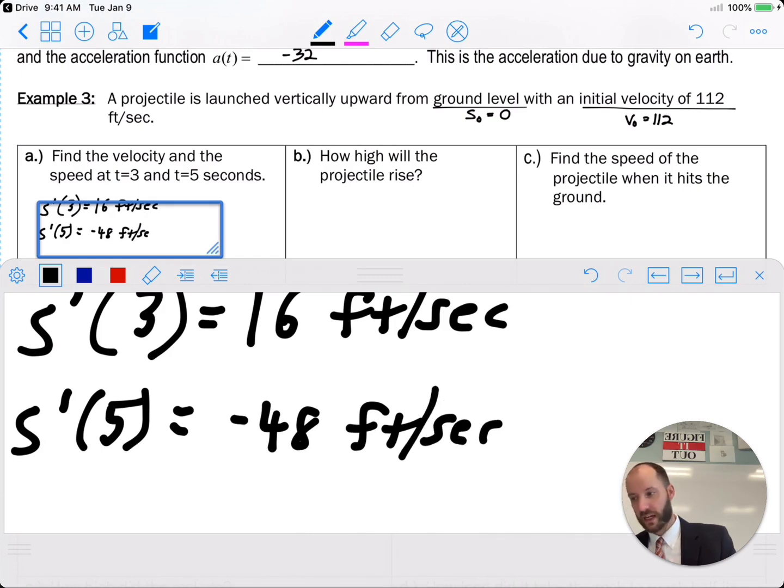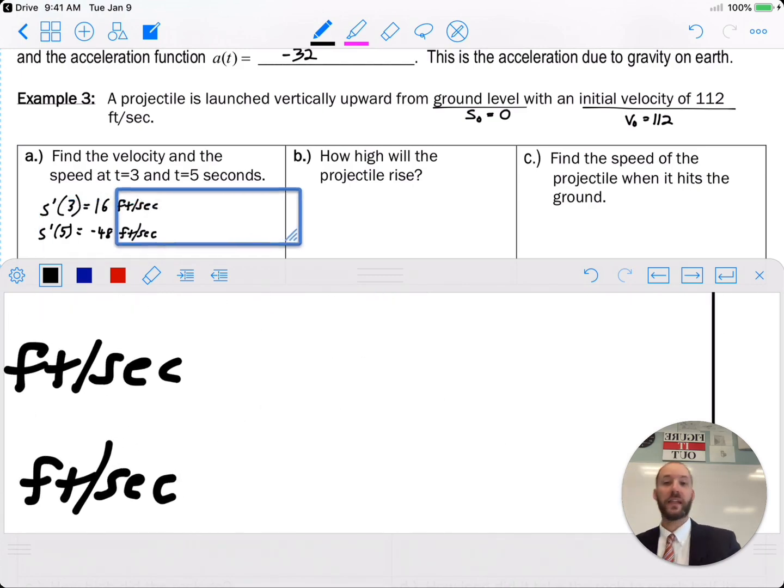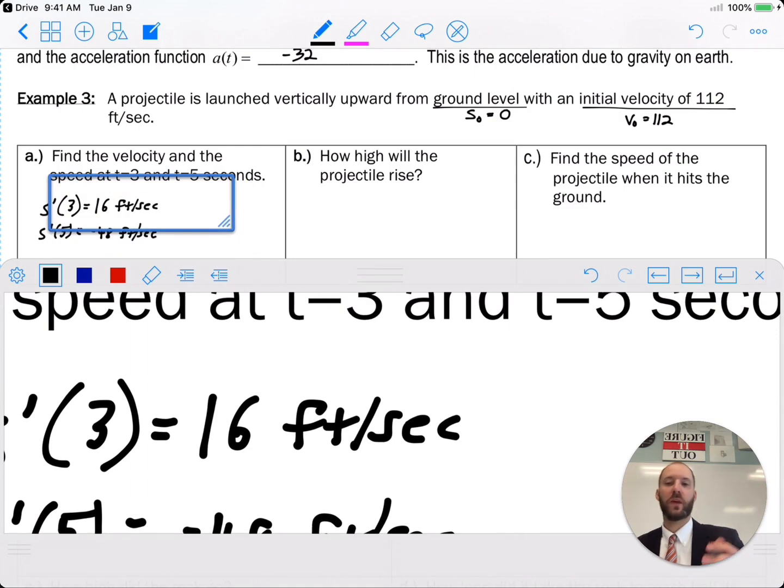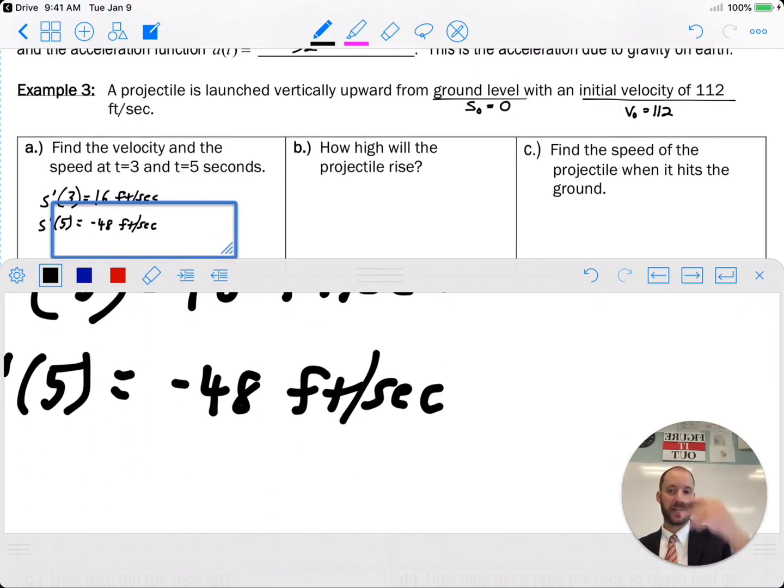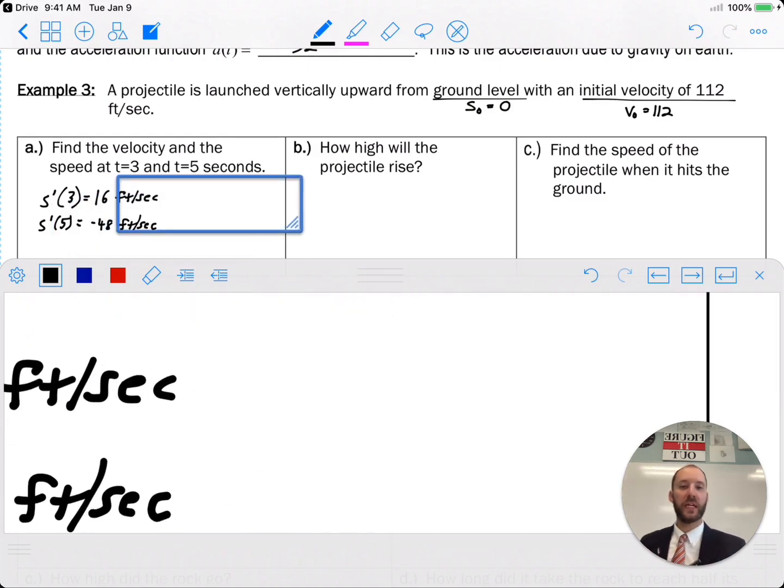feet per second. And then finding your speed, remember, velocity has direction. So at 3, we're still going up. At 5, we're falling back down. Speed does not have direction. Speed is only the magnitude of your movement.